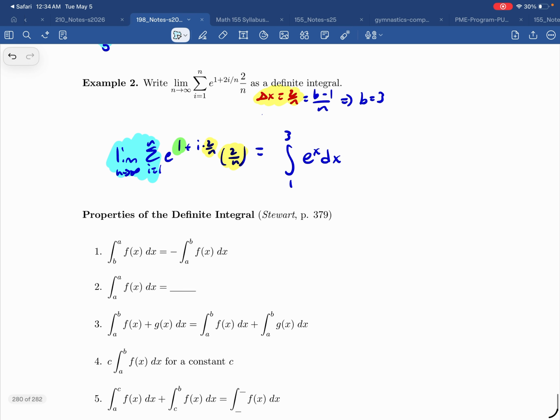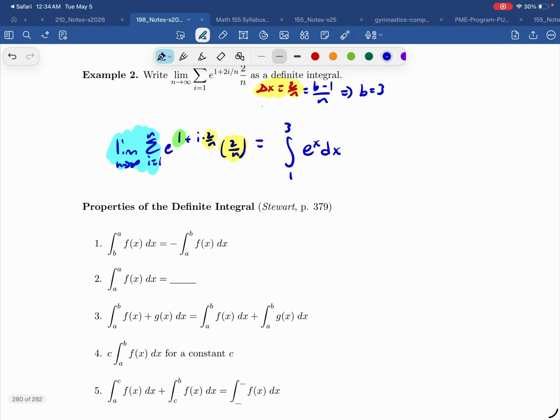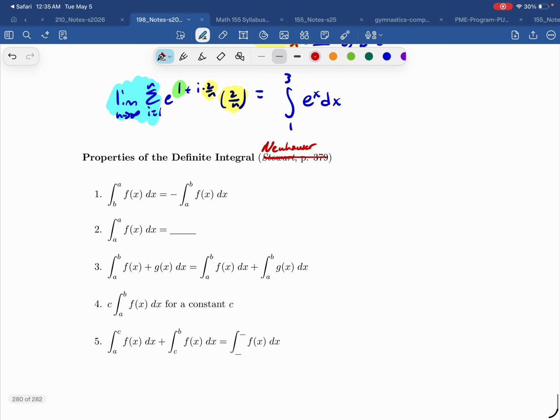Okay. Now, a couple of things. I stole this from Stewart, but this is also true in Neuhauser. These are just properties to know about the definite integral. If you swap the bounds, then you swap the sign. The integral from a to itself of anything is 0.